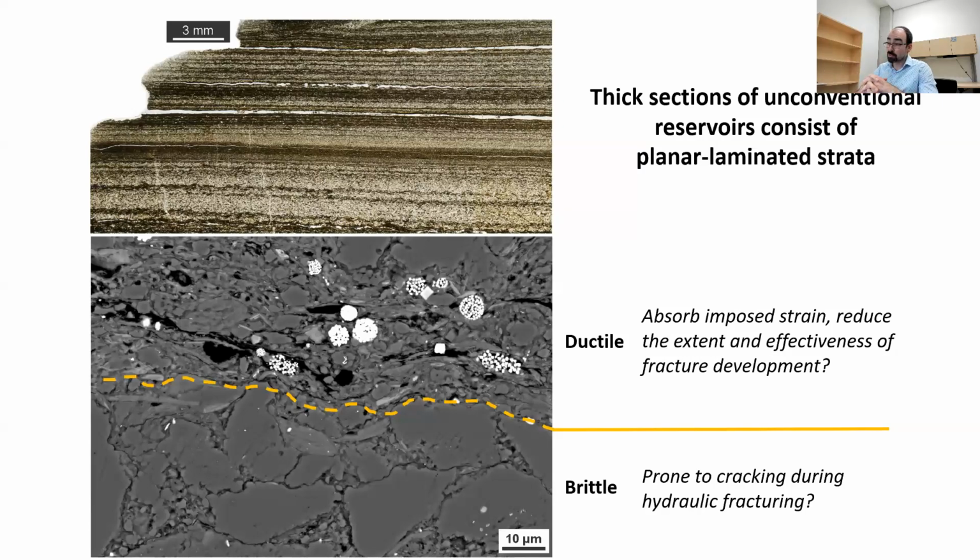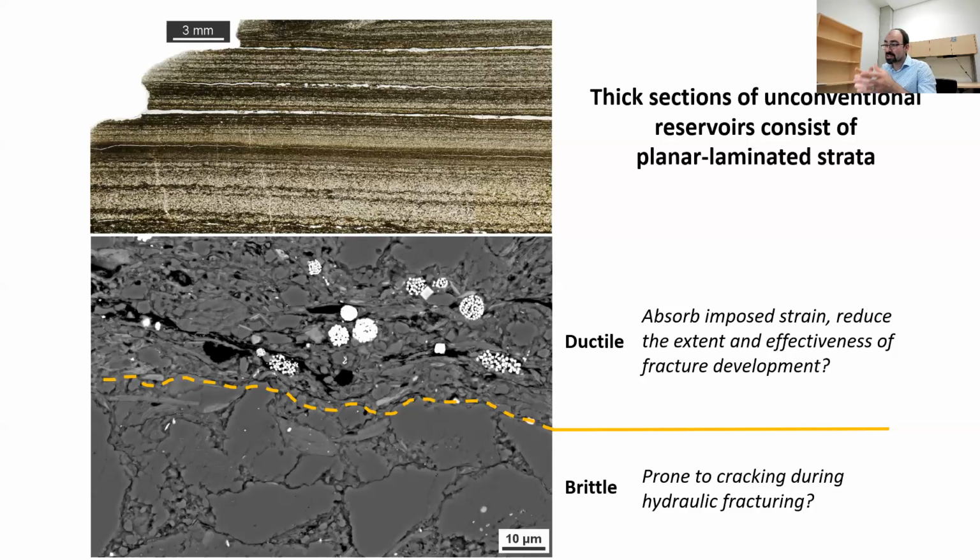So why is that important? Well, the brittle silt-rich layers may act as planes of weakness that may be prone to cracking during hydraulic fracturing, and the regional distribution of these lamina, both vertically and laterally, may imply that once hydraulically fractured, they may provide laterally continuous, extensive fracture networks and ultimately migration channels for the extraction of hydrocarbons.